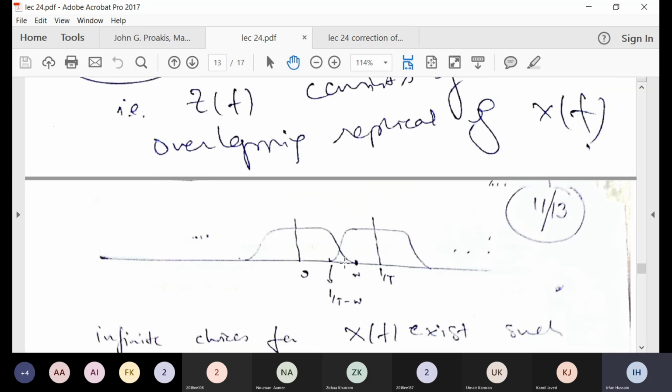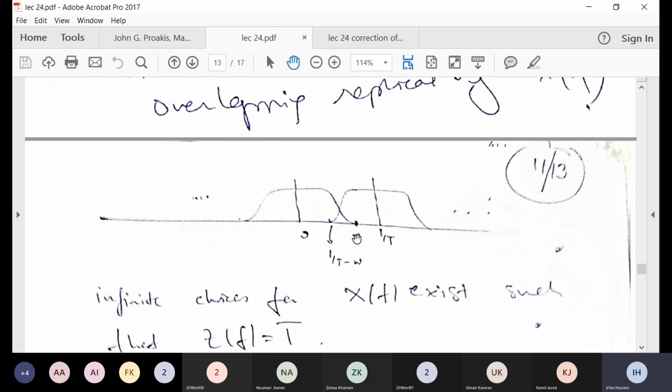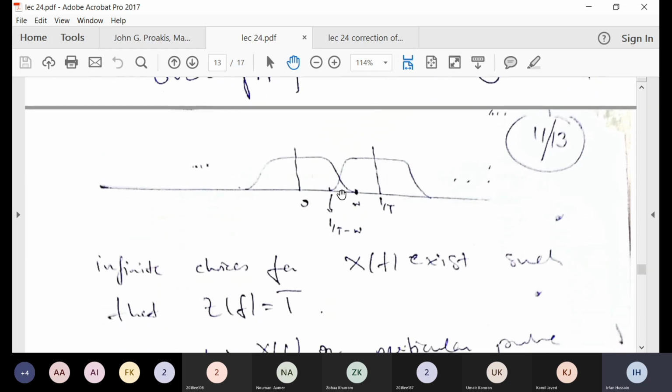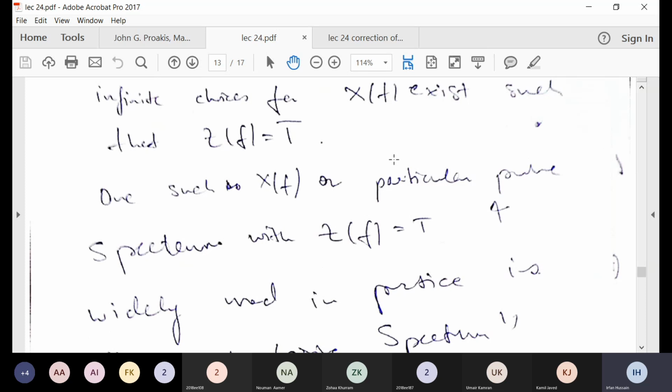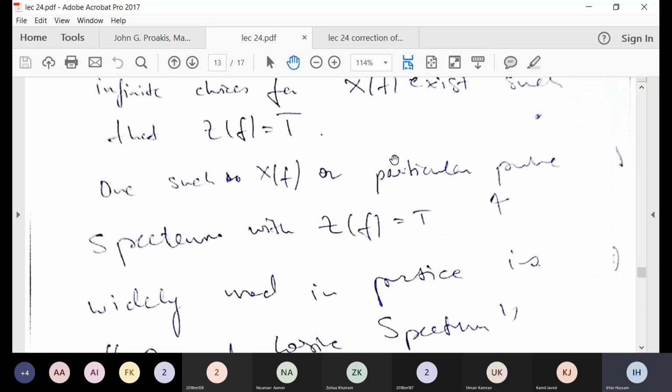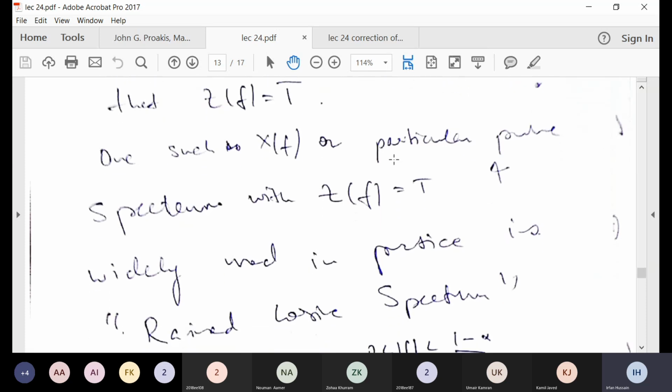So hence you can have overlap, and this way you can design many solutions so that you have a spectrum which is of constant height T. So you will have infinite choices of X(f). You can choose various values of X(f) so that the decay and the rise add in such a fashion that the height remains equal to T.